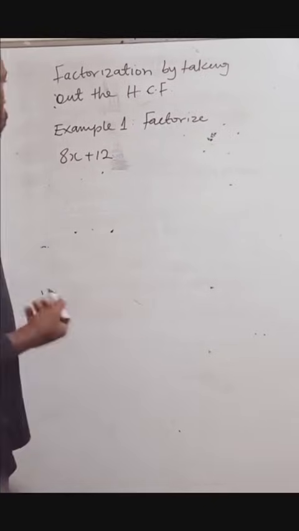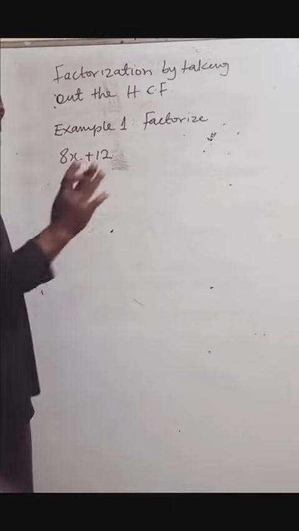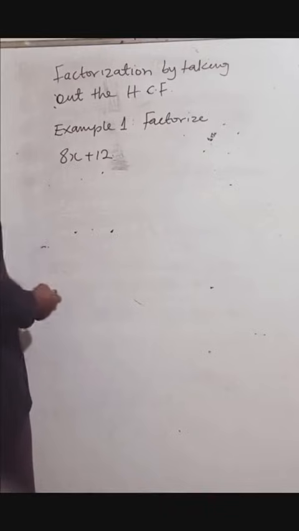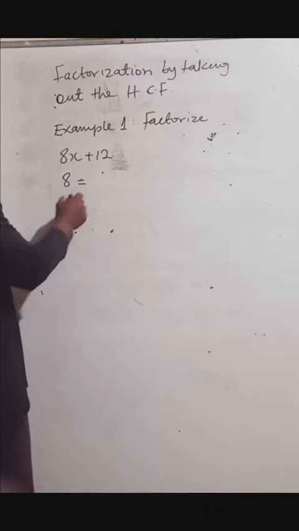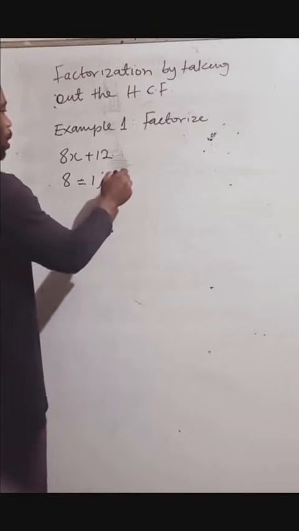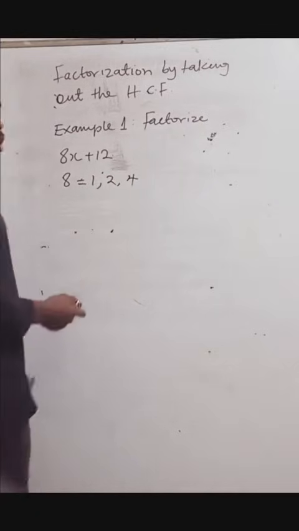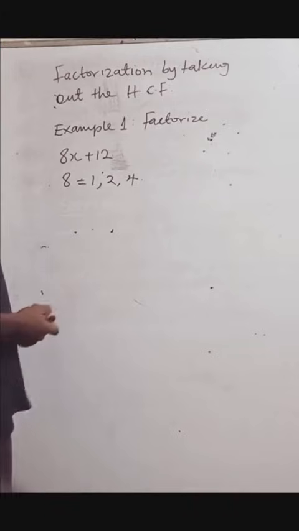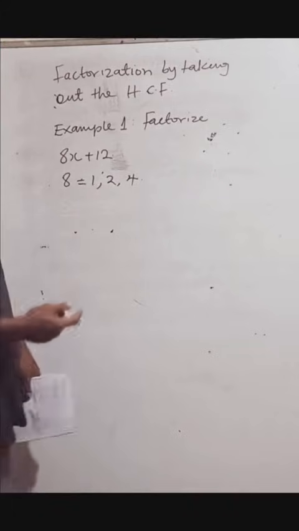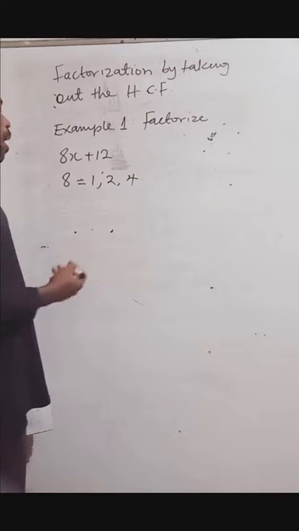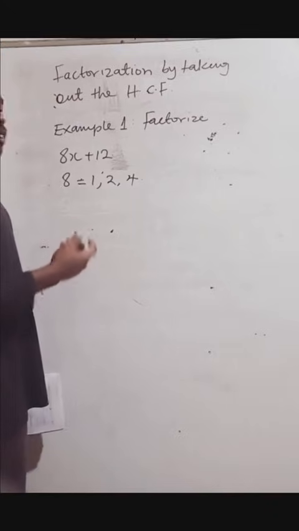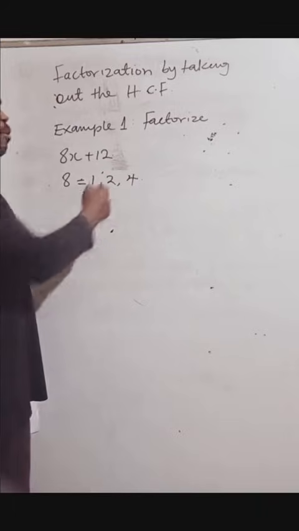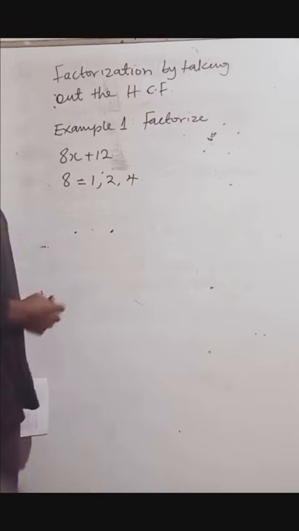So what are we going to do here? First of all, we are going to write out the factors of 8 and the factors of 12. So the factors of 8 are 1, 2, and 4, and 8. So if I may ask, why are the numbers 1, 2, 4 and 8 factors of 8?